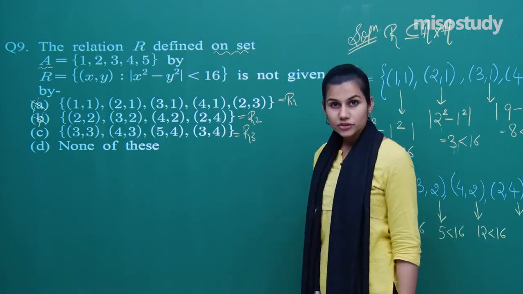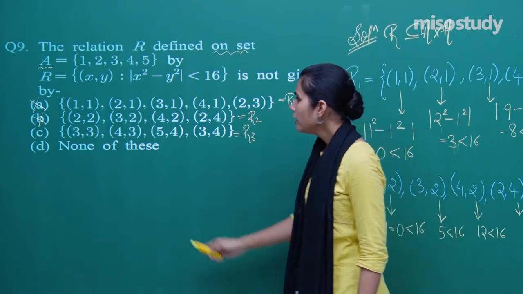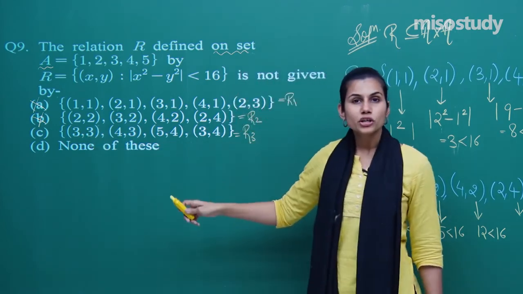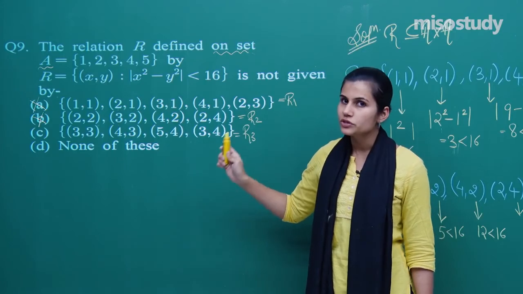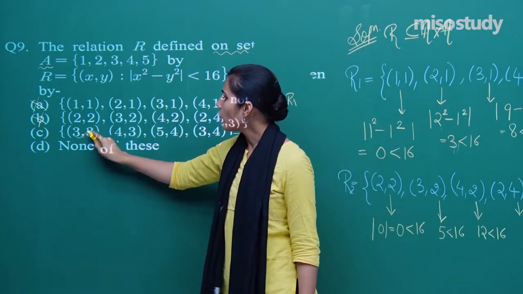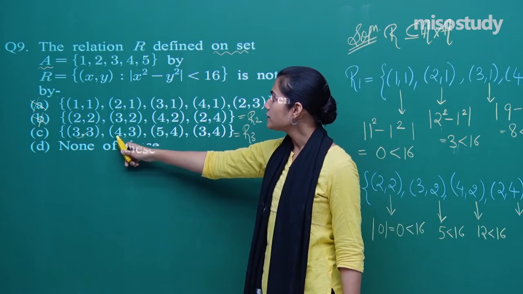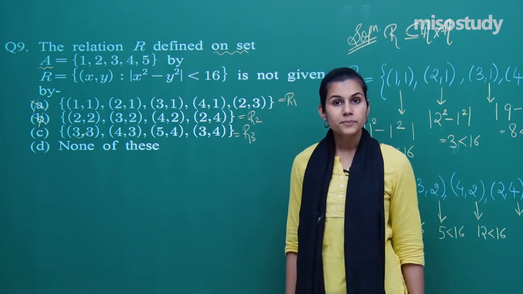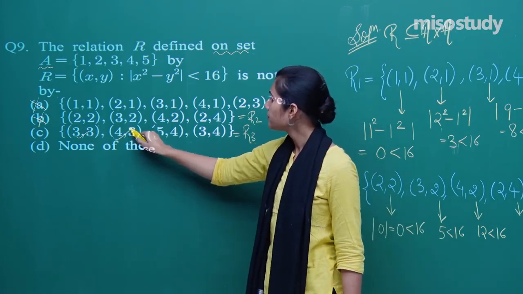Let us see if R3, the left out relation, is following this rule or not. Well, let's check here itself. (3,3), that means modulus of 3 square minus 3 square, which is 0, which is strictly less than 16. No problem with this ordered pair. (4,3), modulus of 16 minus 9, which is 7, right? 7 is strictly less than 16.